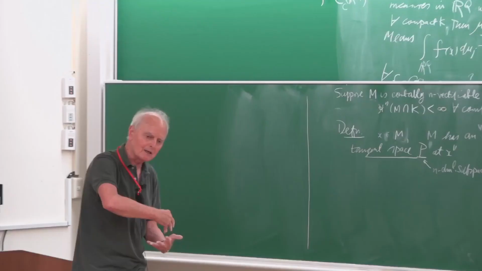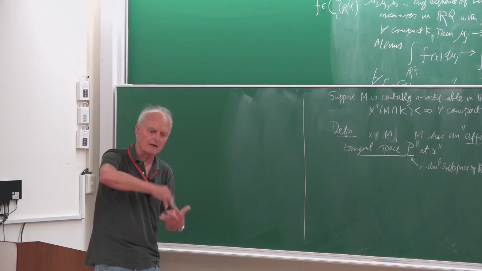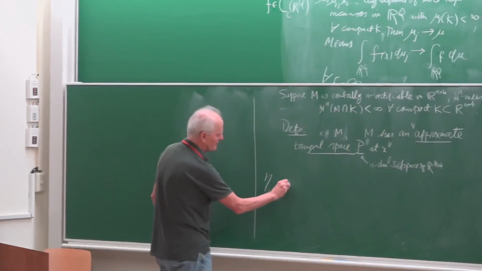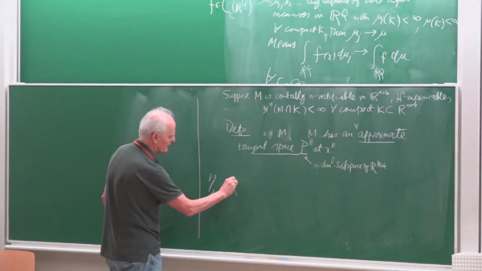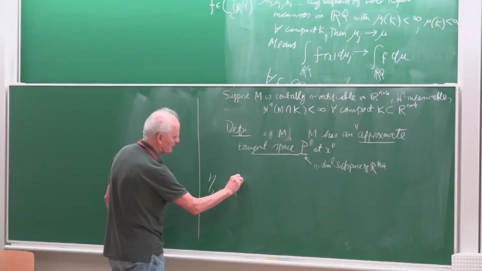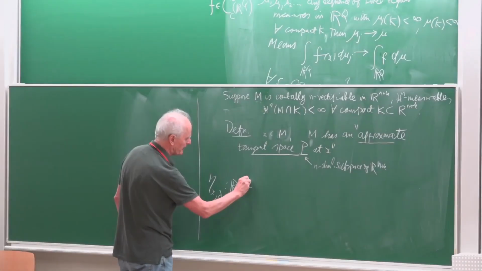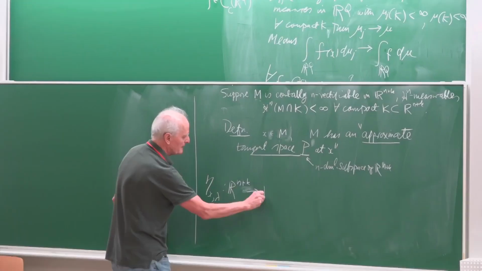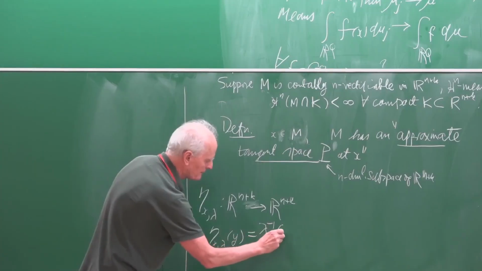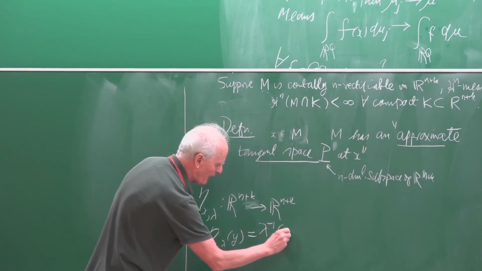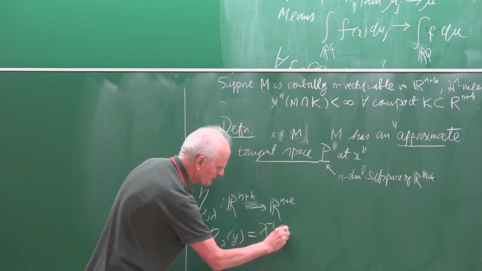I'm going to use this mapping eta_{x,lambda}, a translation and a homothety of R^(n+K), such that eta_{x,lambda}(y) equals lambda^(-1) times (y minus x).